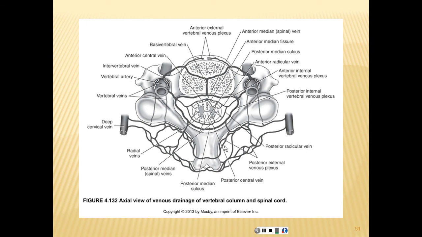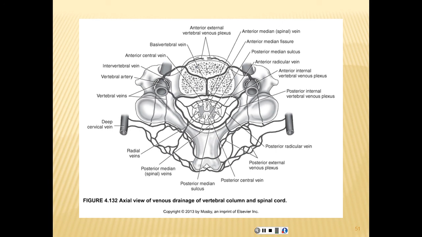And this is the venous drainage of the vertebral column. And we will always see this basivertebral vein coming up. And you have to understand that is not a fracture. You see that Y shape of the vertebral body, and many novice imagers will call it a fracture. It's not a fracture. You're actually imaging the basivertebral vein.